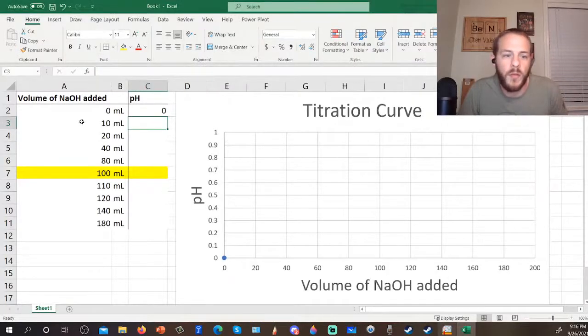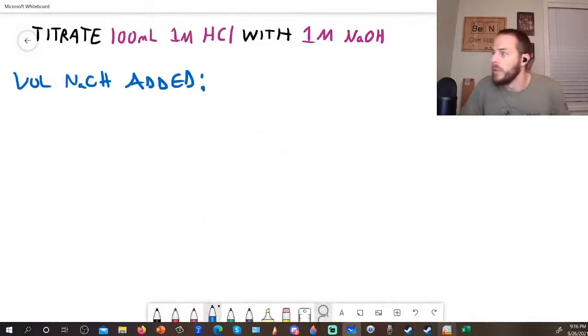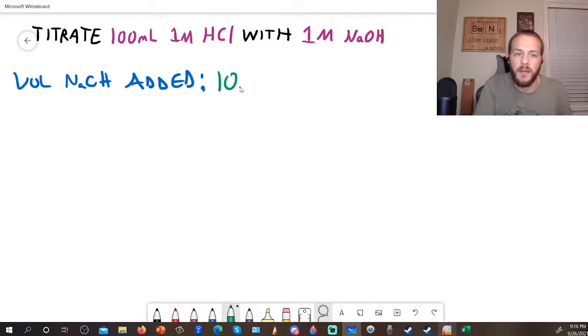So the first one that we're going to do is 10 milliliters. So what is going to be the pH upon adding 10 milliliters of our 1 molar sodium hydroxide? I'll go ahead and write that in, 10 milliliters.